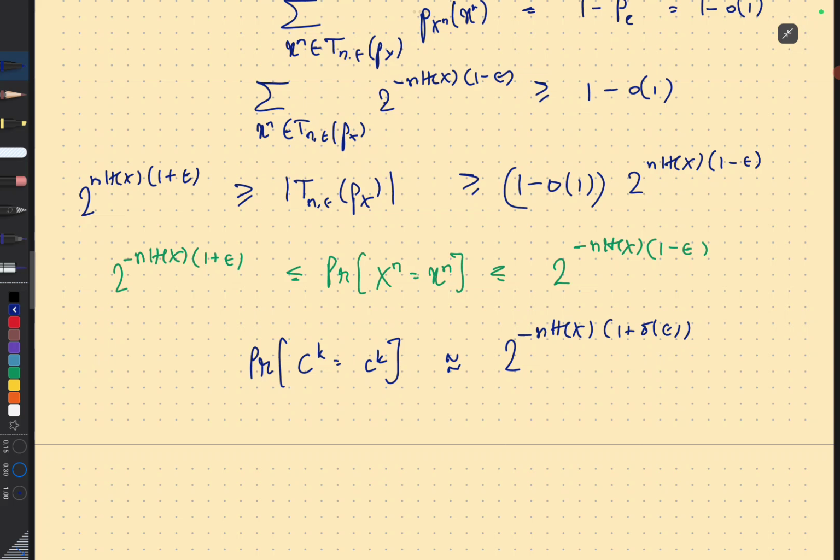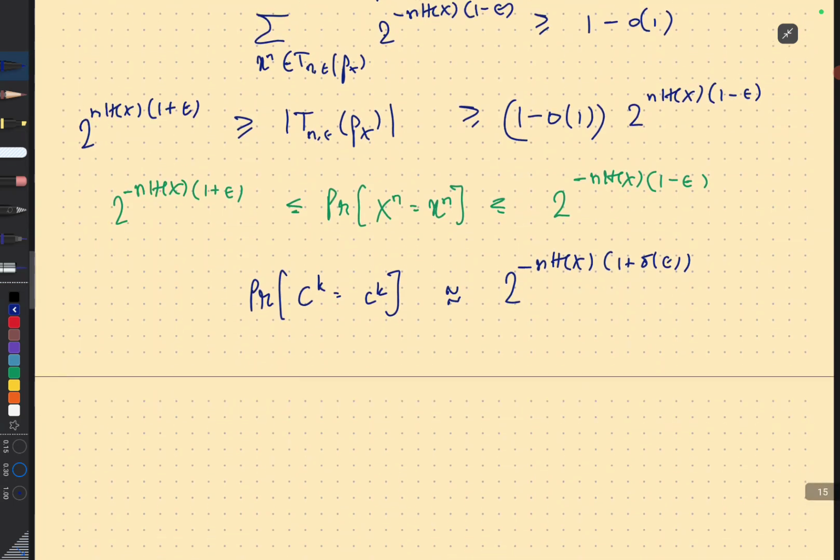So the compressed sequence is almost uniform, which is good because if it were not uniform, then it can be compressed even further, right? So this tells you that the compressed sequence is not really compressible any further, which intuitively suggests that this compression scheme may be optimal. The additional factor you require is that the probability of error should be close to 0. Otherwise, it's not a good compressor, right?